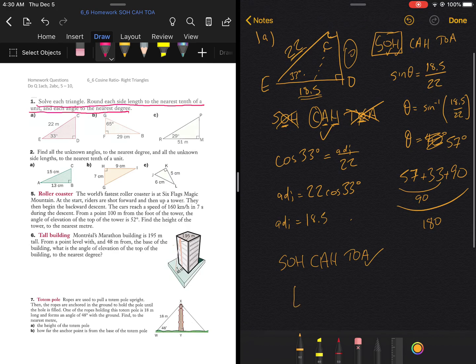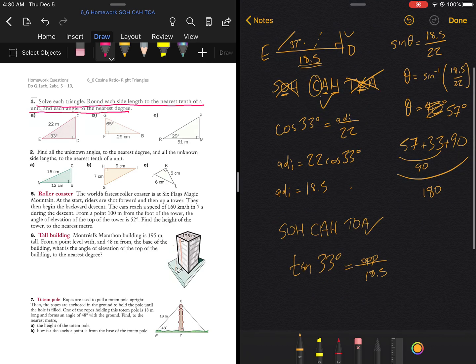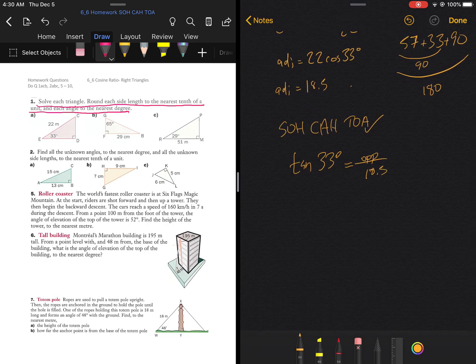Adjacent and opposite, so we can use tan. Tan of 33 degrees equals opposite over adjacent, 18.5. We could have used any of them, to be honest, but let's just multiply both sides by 18.5.